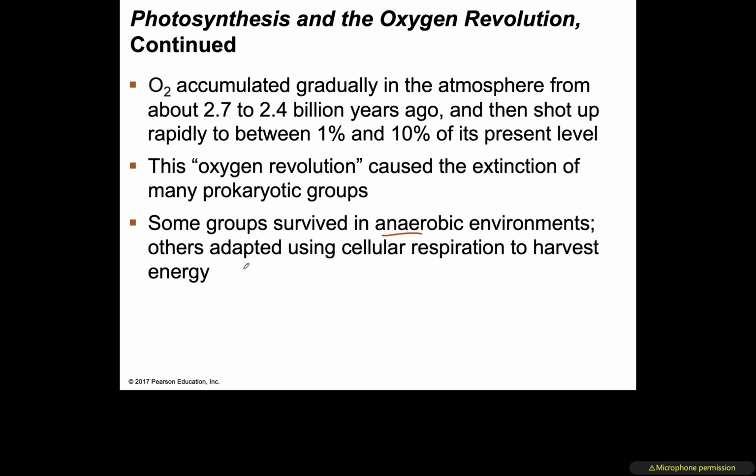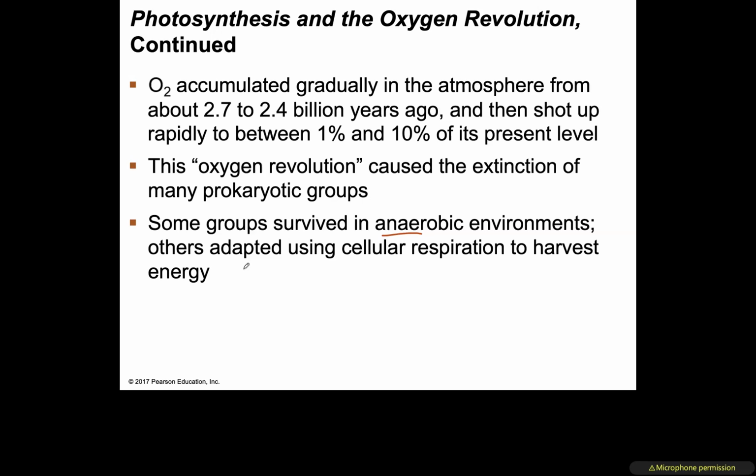When there got to be lots and lots of oxygen present in the atmosphere, bacteria basically had to do one or two things. They had to go find a different anaerobic environment, like the guts of animals. You can find them in swamps. You can find them deep in the ocean.